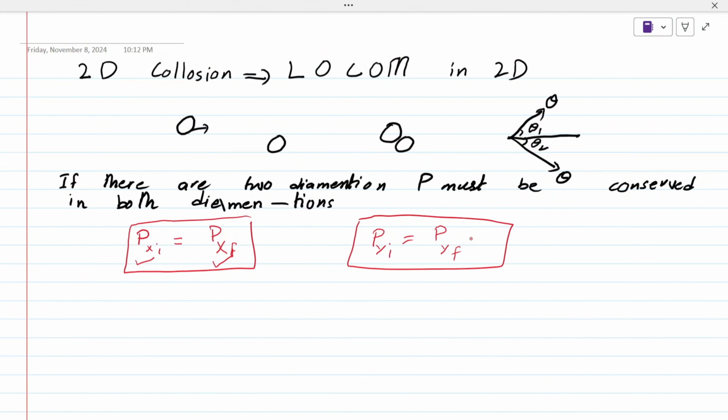It means that the x component of momentum must be conserved, p in the x direction must be conserved, and momentum in y must be conserved in two-dimensional motion.